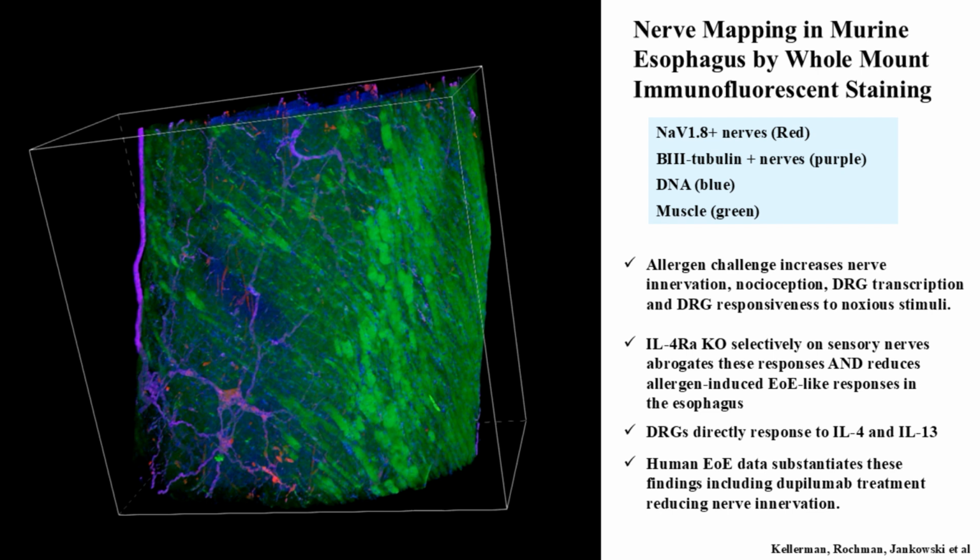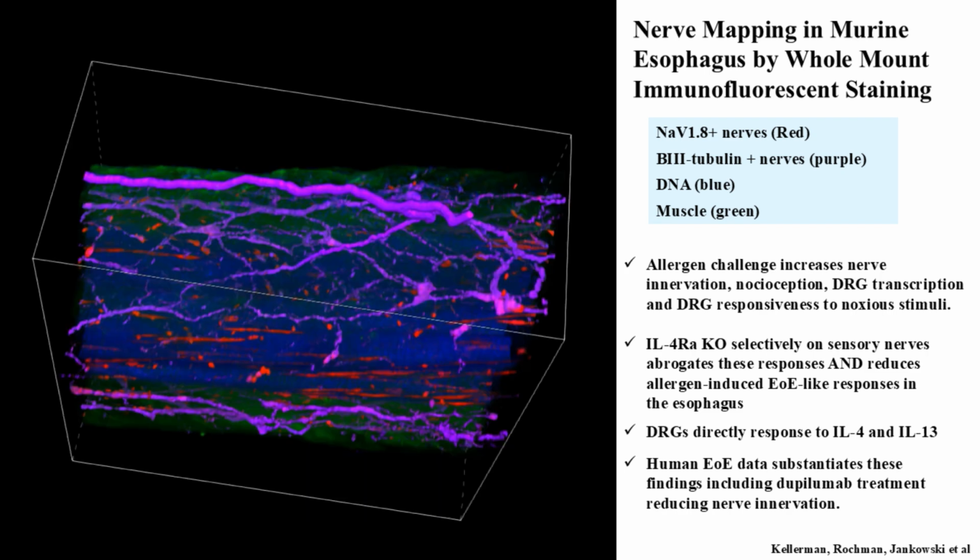This is an image also of the esophageal nerve staining, and we're basically looking at this in 3 dimensions, and we're rotating the image, and one can see the beautiful staining that we now have. But really what I'm trying to show you is the actual patterning. This is a different way of looking at this.